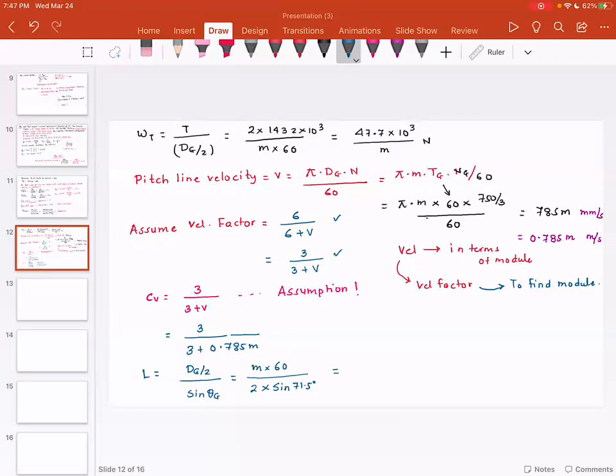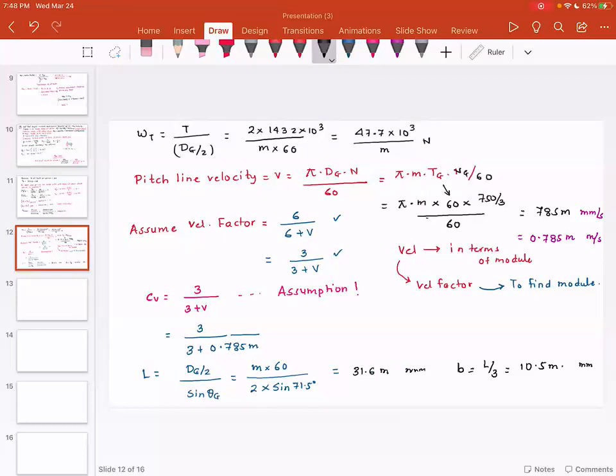And when you solve this, your answer will be about 31.6 m millimeter. So you now know the pitch cone length. So the face width B is equal to L by 3. So that is 10.5 times module millimeters.